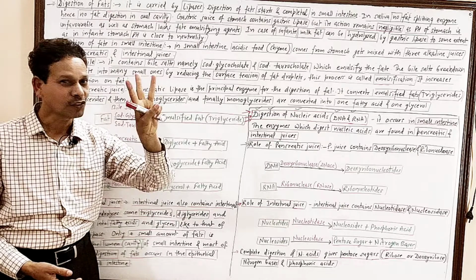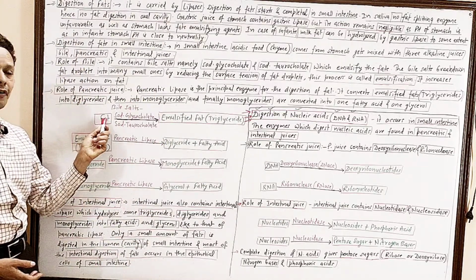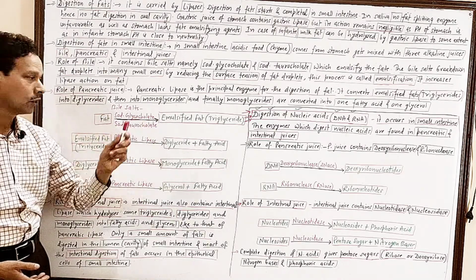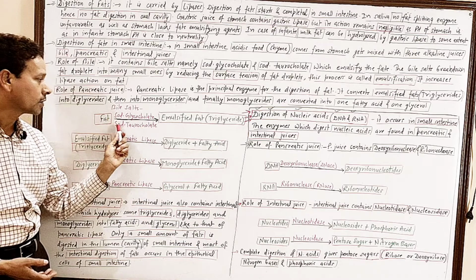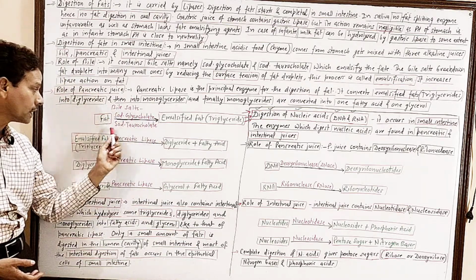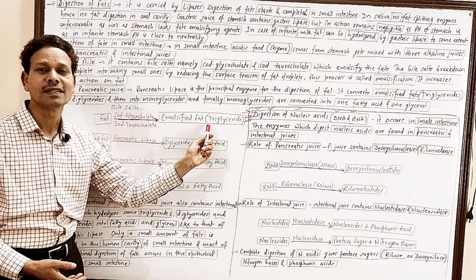Dear students, in 3 steps. First step, fat molecule in presence of bile salts, note down, sodium glycocholate and sodium taurocholate, and these bile salts convert this complex fat into smaller units.